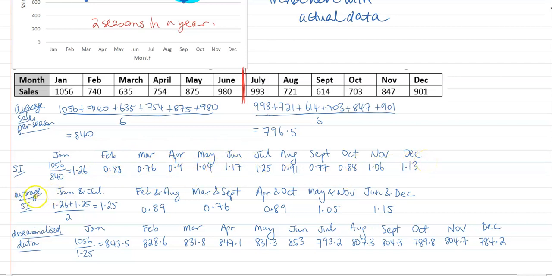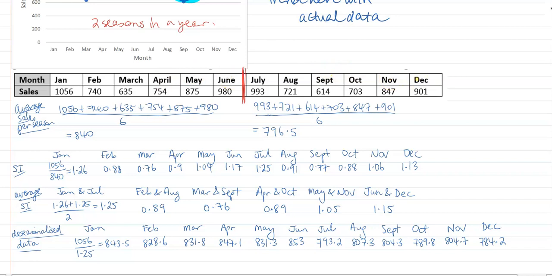I then work out the average seasonal indice for the parts. So January and July are the first part of the season, so I average their seasonal indices. February matches up with August, March with September, April with October, May with November, and June with December.